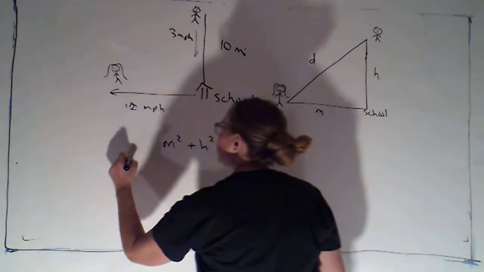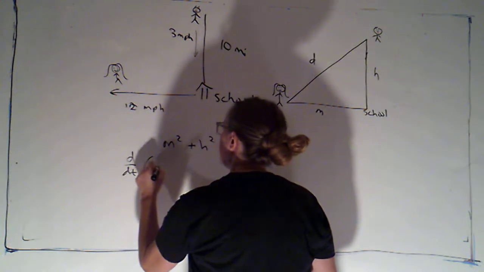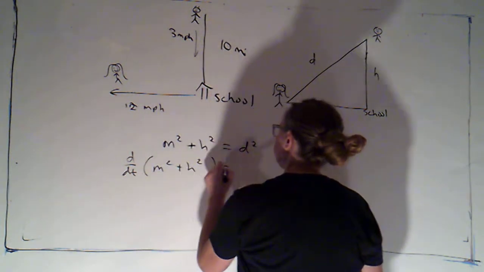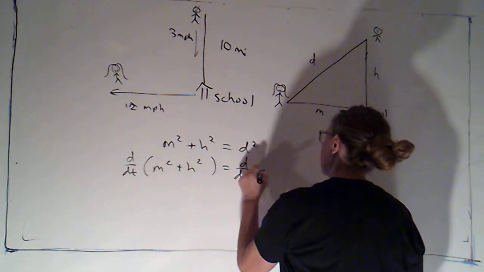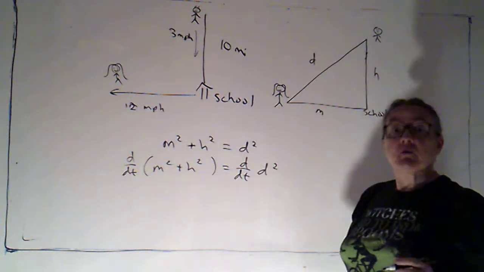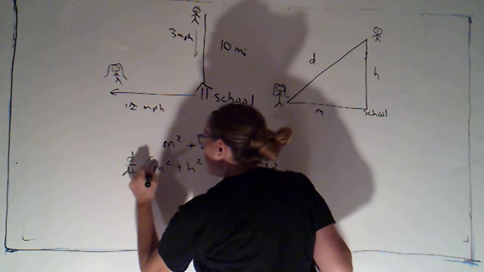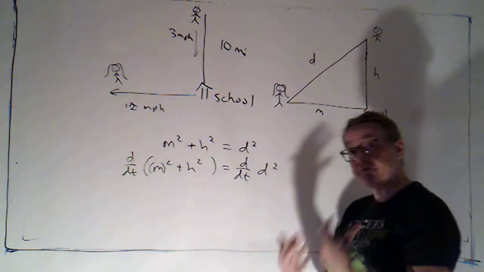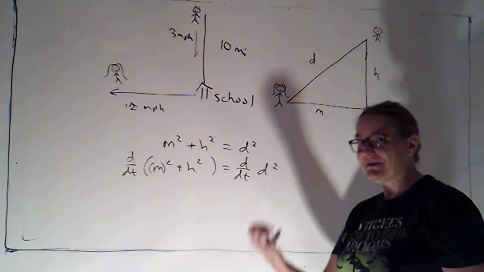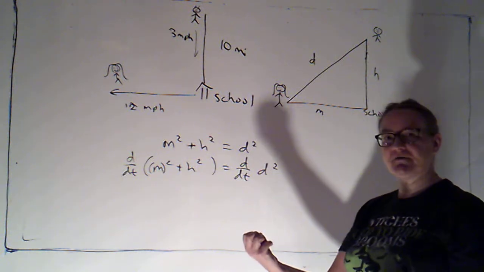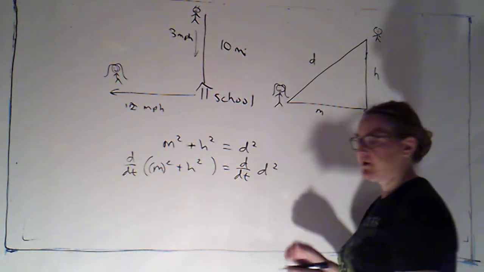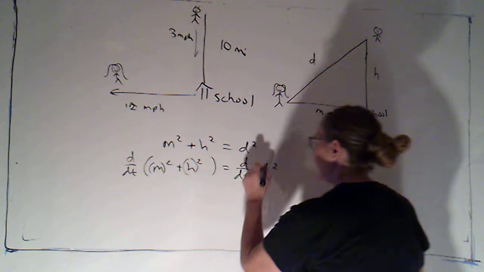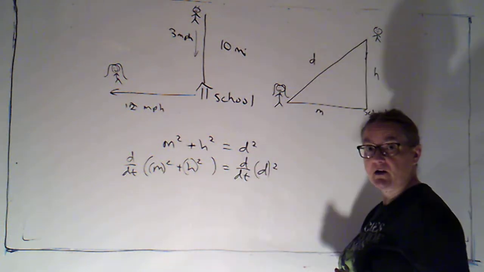Okay. So if I take the derivative with respect to time of both sides, I'm really using chain rule here, because M squared, that's a function composition. That's M, Maude's distance from school, which is a function of time, plugged into the squaring function. Same thing for H squared, and same thing for D squared.